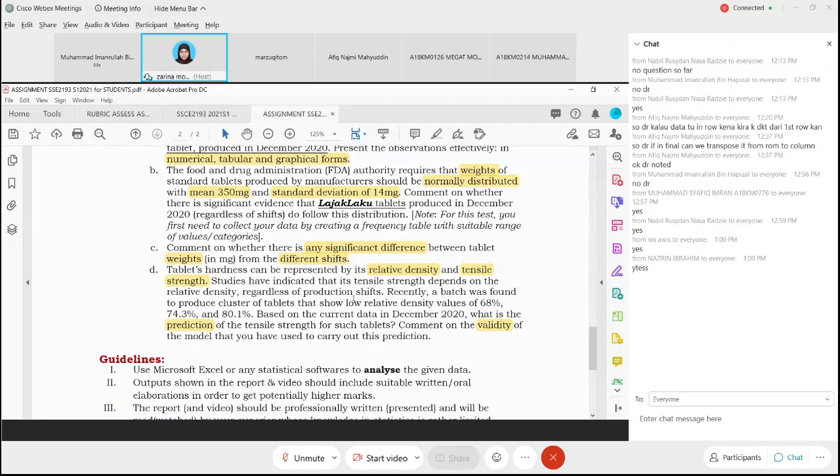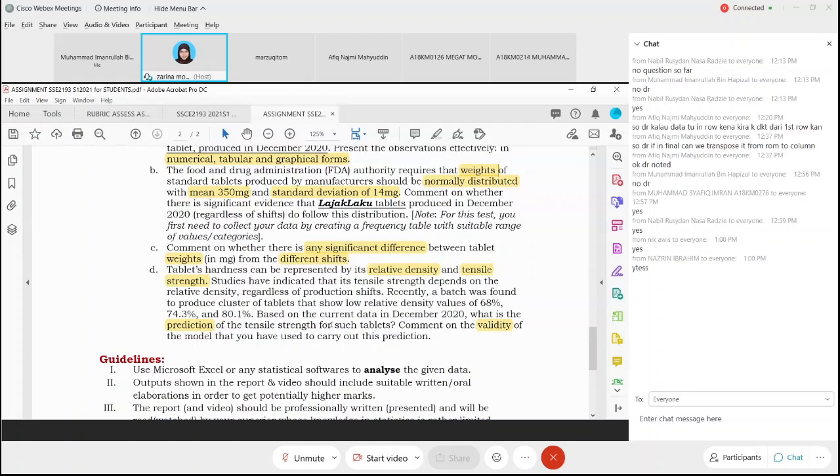You have the relative density and tensile strength. Recently a batch was found to produce tablets that show low relative density values. The question is, what is the prediction of tensile strength for such tablets?